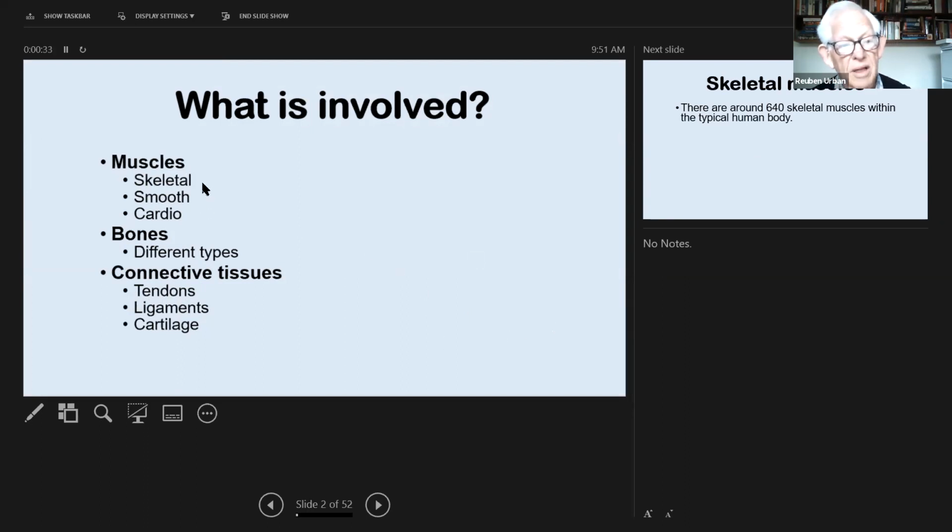I'll go through each one: the skeletal, the smooth, and the cardiac muscle. The bones, we have different types. So I'll go through information about the bones, and then the connective tissue, which holds us together. Without connective tissue, we'd just be a lump, or a blob on the ground.